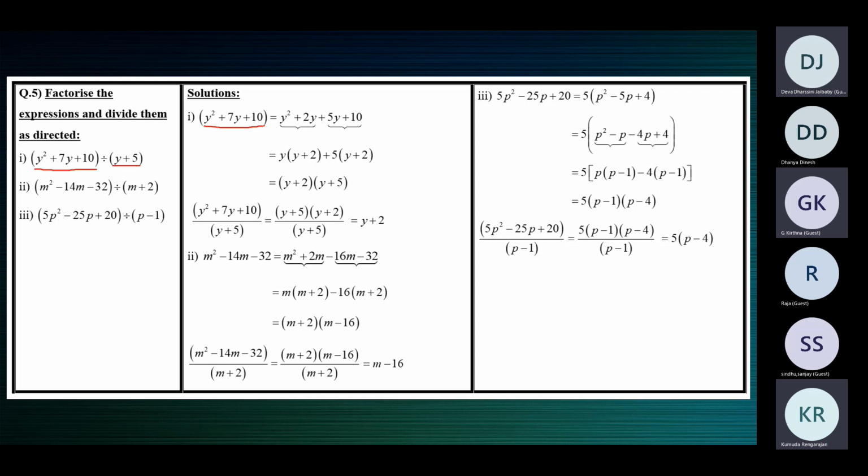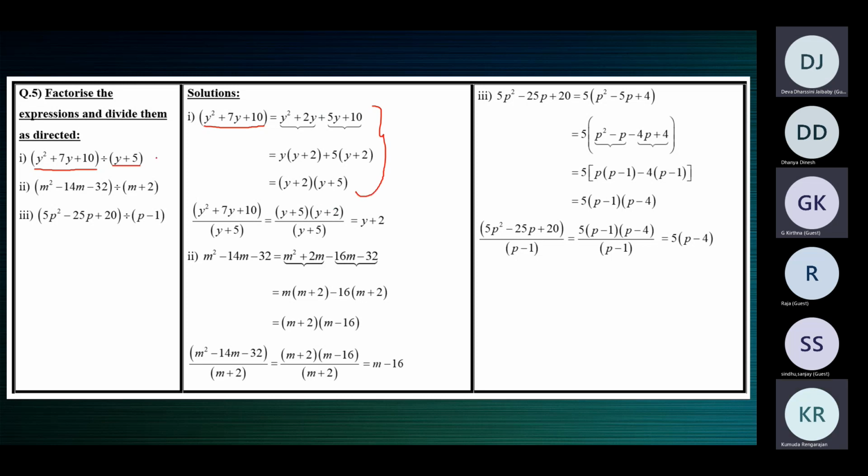What is the sum? 7, ma'am. What product? 10, ma'am. How will you split the middle term? 7y as plus 2y plus 5y. Very good. So you know this procedure, factorizing by splitting the middle term.